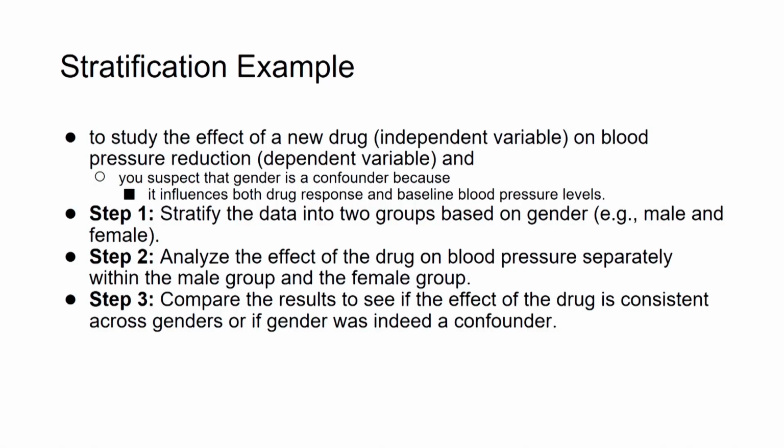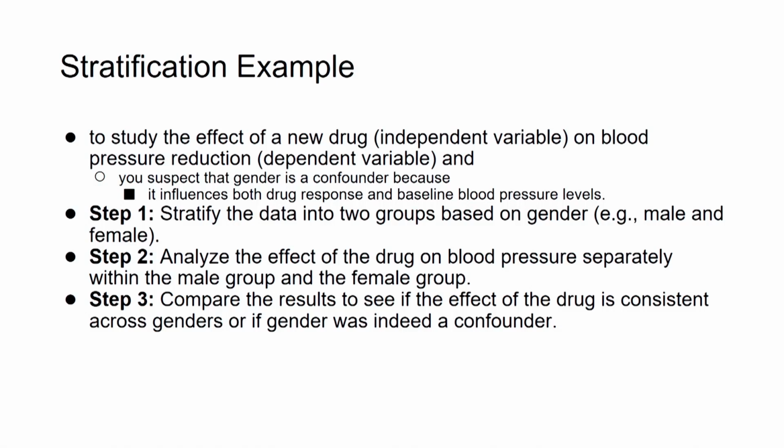Blood pressure reduction is the dependent variable and the new drug is the independent variable, and we suspect that gender is a confounding variable because gender influences both drug response as well as baseline blood pressure levels.